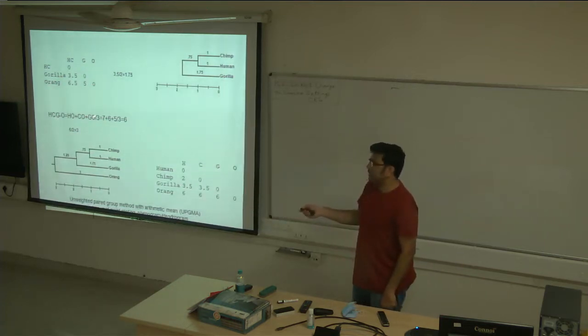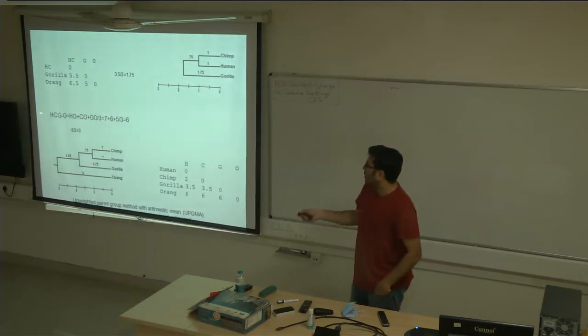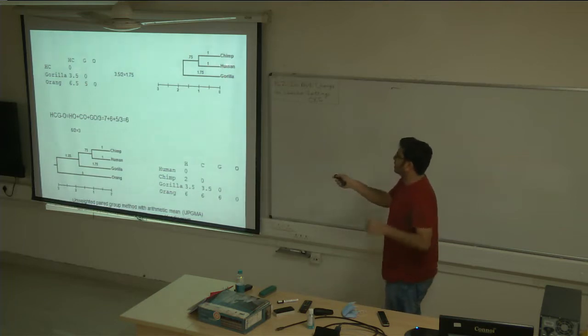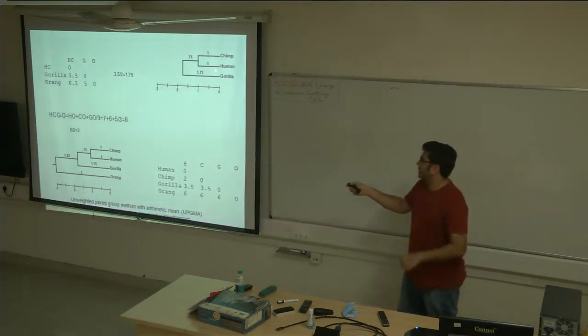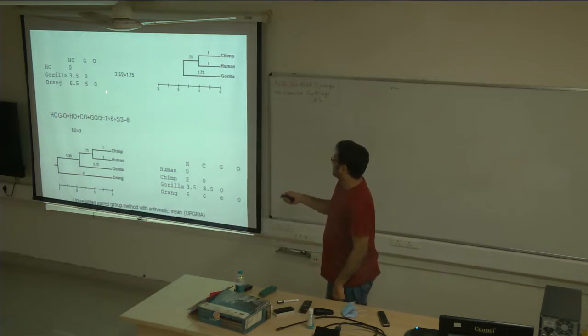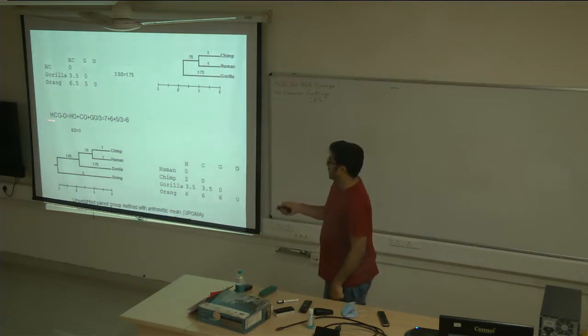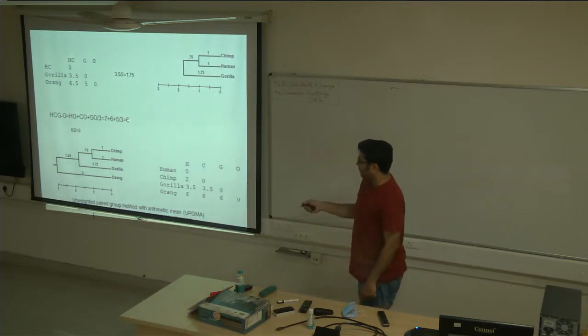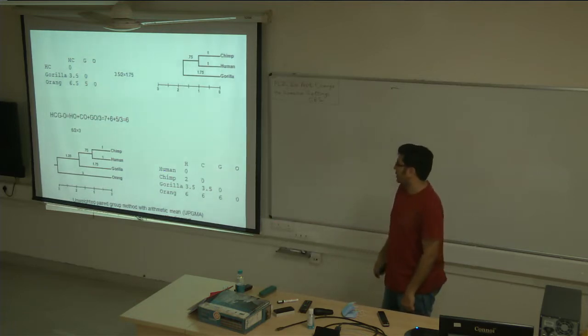Okay. And now the remaining taxa, that is orangutan. You apply the same logic. Now you consider human, chimp and gorilla as one unit, and recalculate the distance to orangutan. So the observed differences between human and orangutan, chimpanzee and orangutan, and gorilla and orangutan, you divide by 3 because there are 3 comparisons. It will give you 6 as the distance difference.